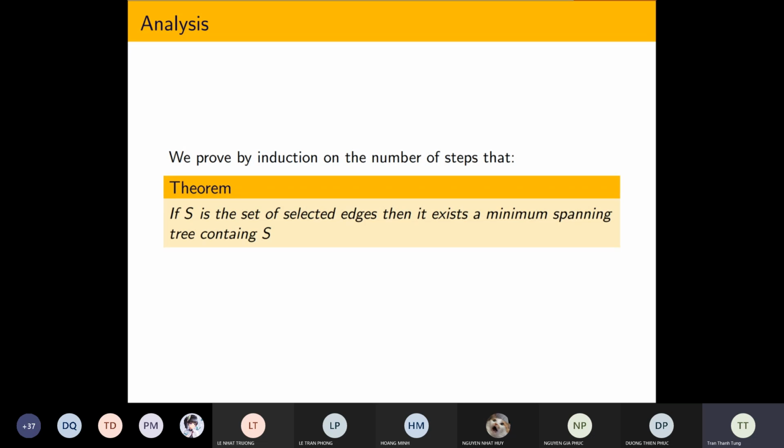Did you learn about proving by induction or something like that? Did you have a chance to learn about that? Someone tell me. Hello. So in math, you didn't do any proving?